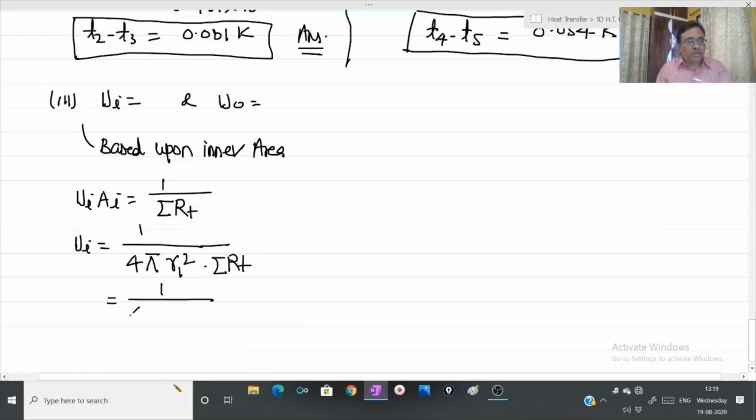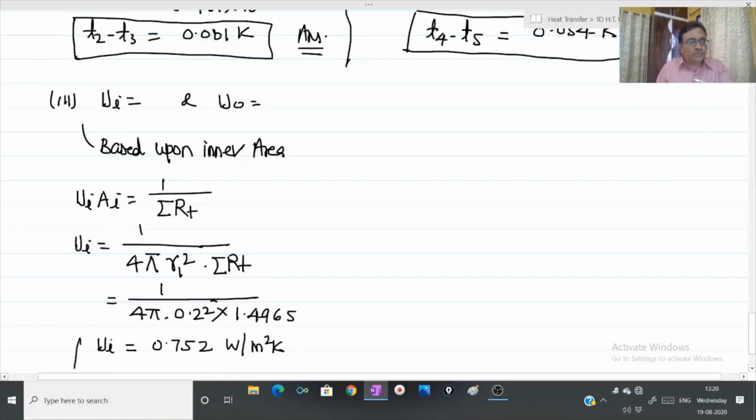That is 1 over 4 pi into 0.2 square, and the value of total thermal resistance is 1.4965. From here, the value of overall heat transfer coefficient based upon inner area comes out as 0.752 watt per meter square Kelvin. This will be the answer.